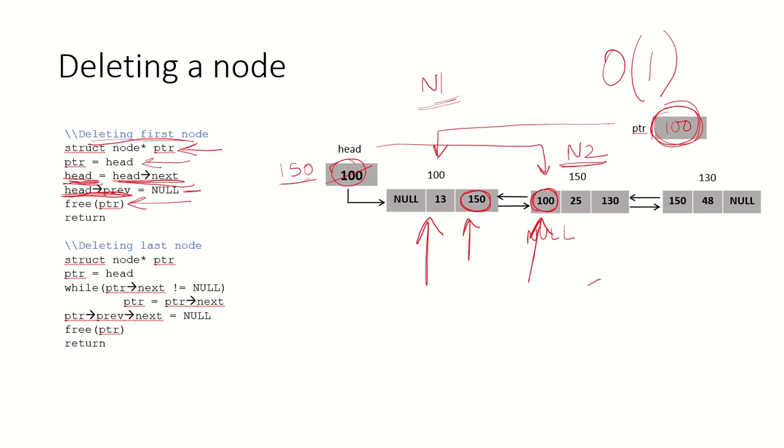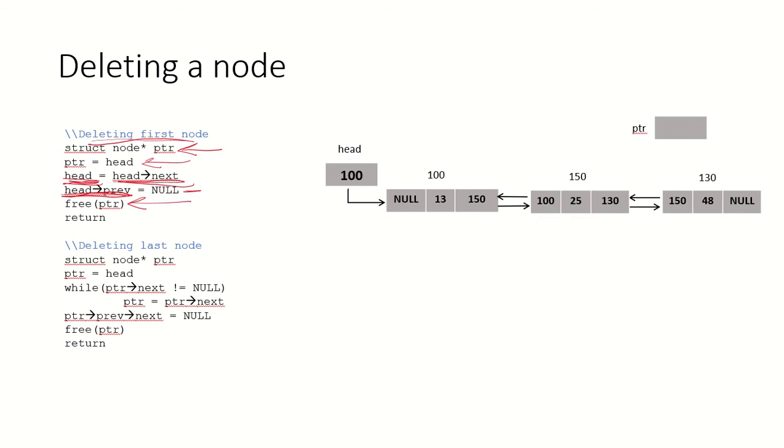If we have to delete the last node, then what are the changes that will be required? That means this last node over here, let's call it N3, has to be deleted. In this case, N2 will become the last node. So this value has to be changed to null. First of all, we will have to traverse the linked list to reach this node.